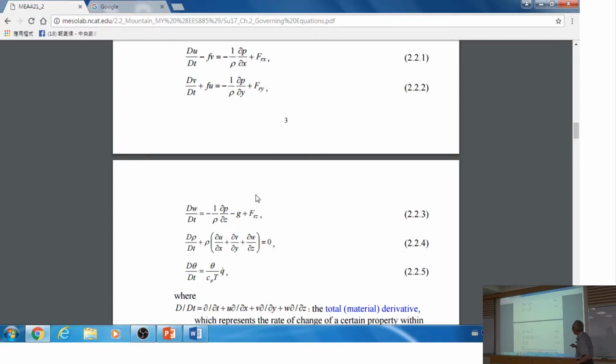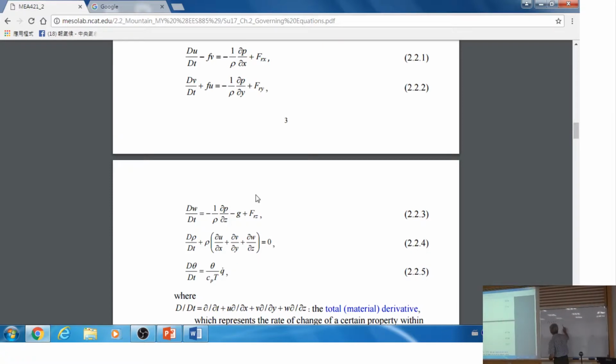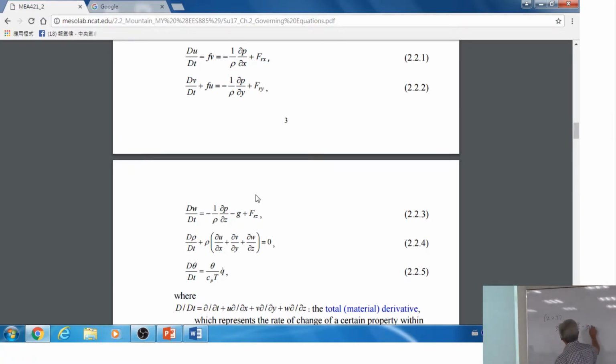This equation can be written this way, 2.2.3: rho dw dt equals negative dp dz, minus rho g, plus f z. This term is called the buoyancy term, which can produce the gravity waves.